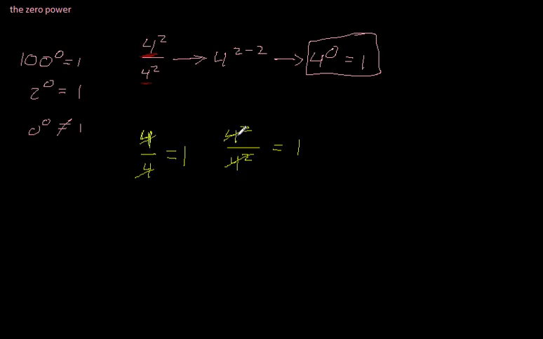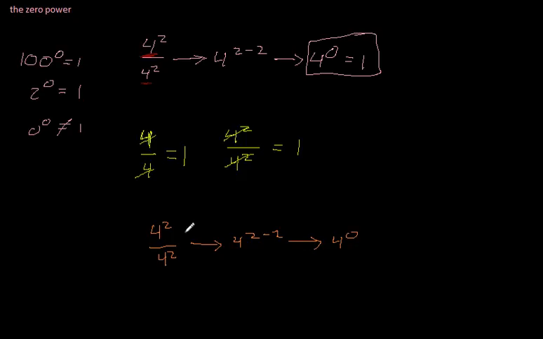Now let's take 4 squared over 4 squared again and look at what's going on in two different ways. One way that I could solve this is by dividing powers with the same base. Well, 4 and 4 are the same base, so I could say 4 to the 2 minus 2, which becomes 0. So 4 to the 0 power.